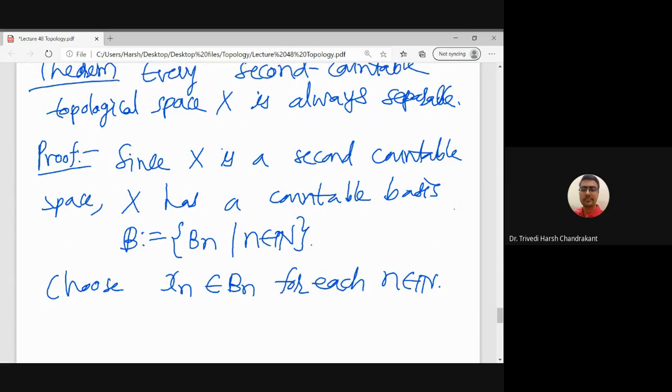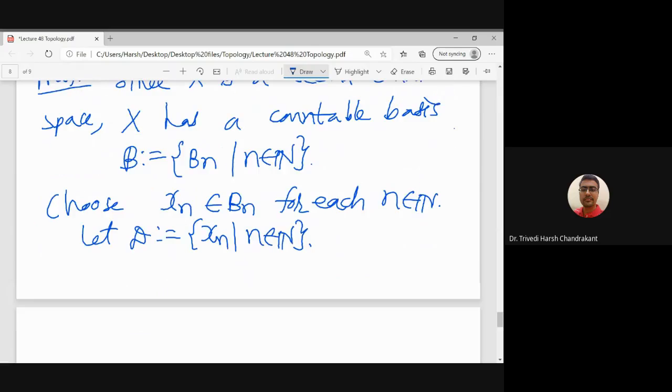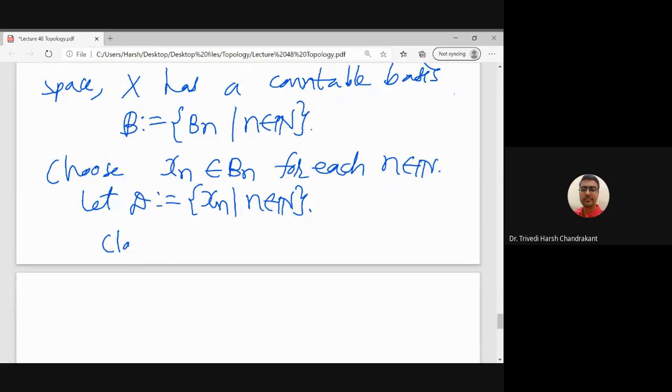Then we denote the set of all xn as D, and the claim is that this is a dense subset of X. If we can show that, then we have a countable subset which is dense, and the space itself is a separable space.